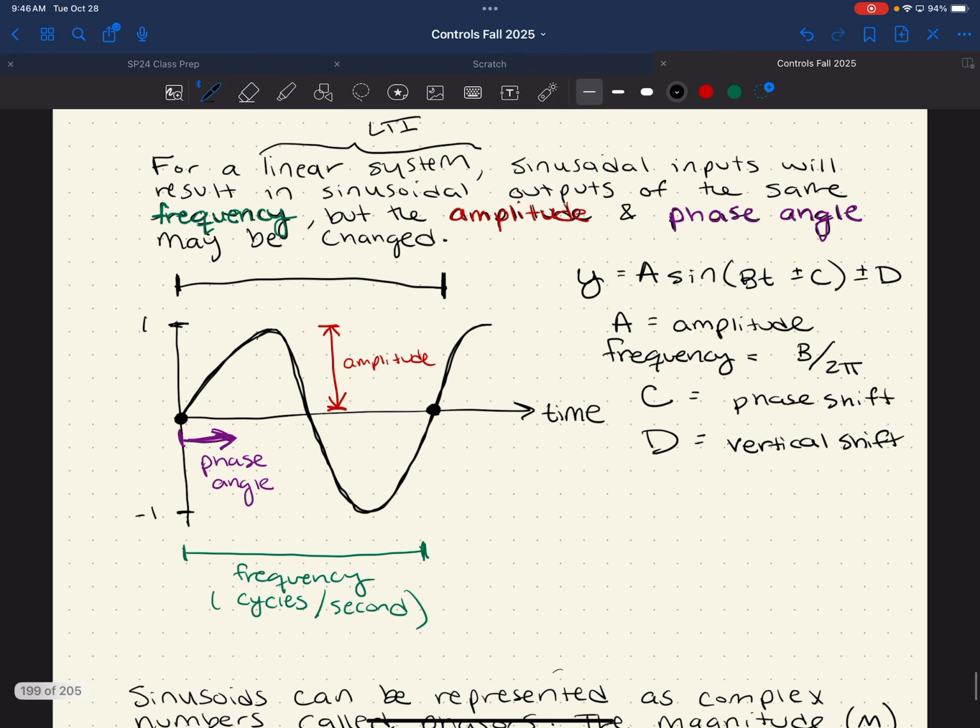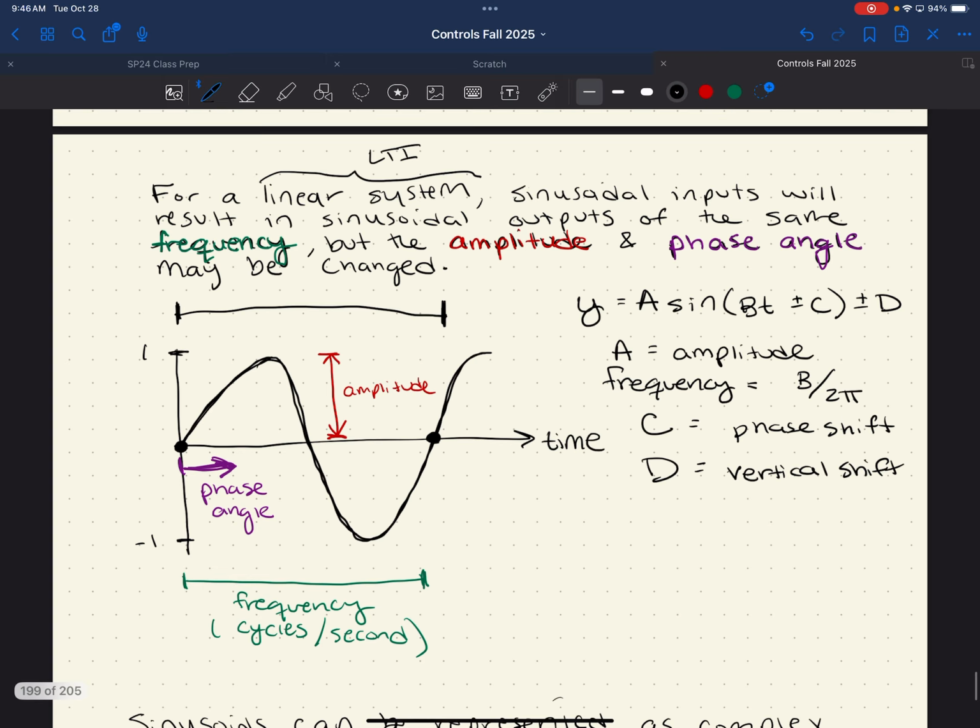Okay, so this means that if we have an input that looks like this black line, then our output could potentially be shifted in phase and maybe increased or decreased in amplitude, but it will have the same frequency. Okay, so let's see if I can draw that. Let's maybe say this is going to go up.